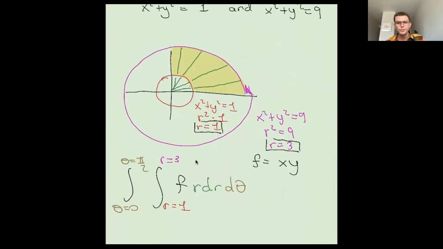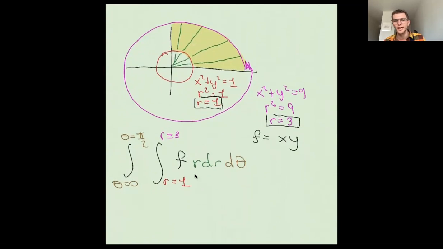So what do you need to do to this function? You cannot just write it as x times y, because you have to stick to either working with polar or working with Cartesian coordinates. So you have to rewrite this x times y in terms of r and theta. What do you get when you write it in terms of r and theta?